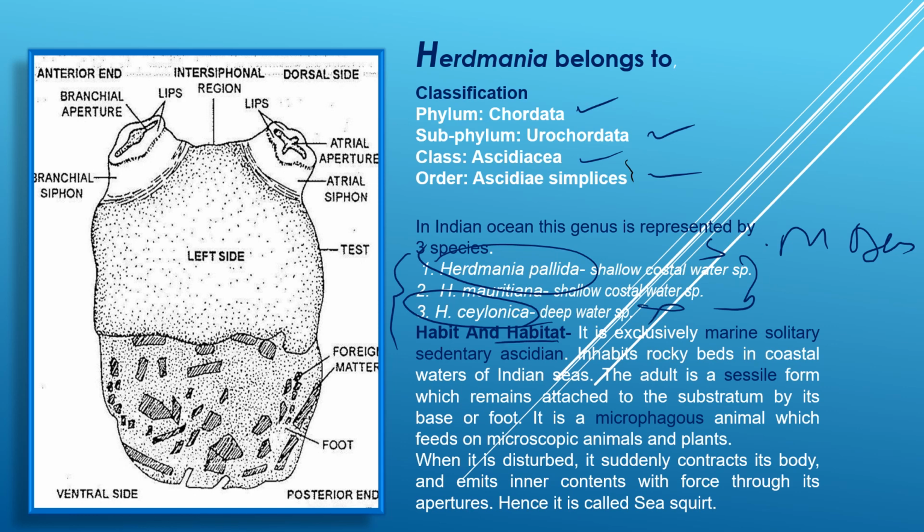Now about habitat. Herdmania is an exclusively marine animal, solitary and sedentary. But with the help of a mollusk, a type of living gastropod named Turbinella, this mollusk carries the Herdmania or ascidian from place to place, providing better opportunity for food, oxygen and dispersal.